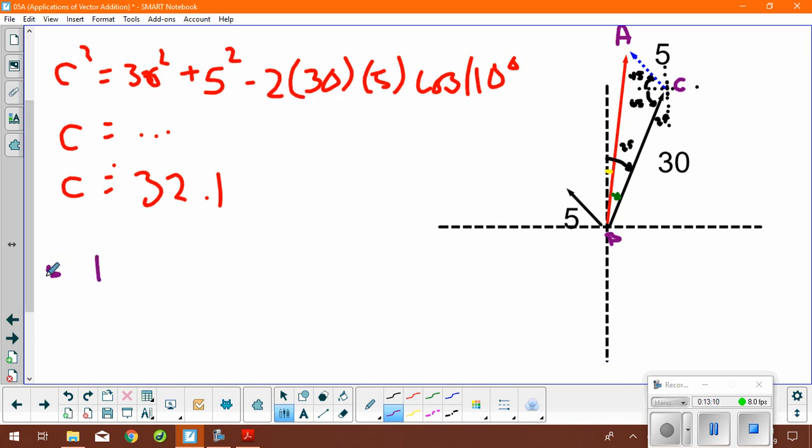So we have sine of B over 5 equals sine of 110 over 32.1.